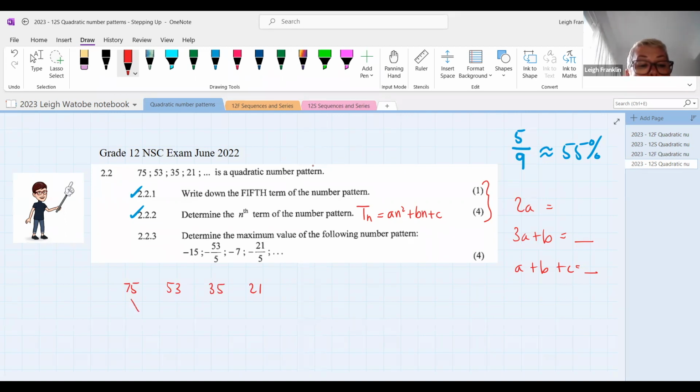So now you've got to work out your first difference, term 2 minus term 1. So 53 minus 75 is negative 22. 35 minus 53 is negative 18. 21 minus 35 is negative 14. Okay, so now what do you need to have in this block over here? What needs to go inside this red block to work out what the fifth term is?